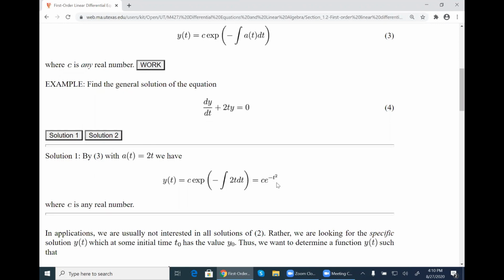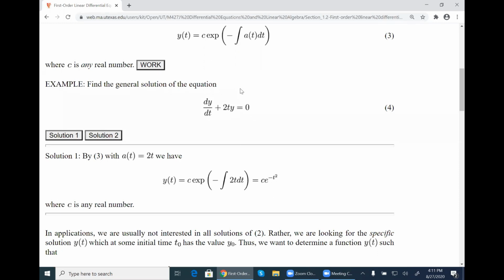Other questions? When you said it was the general solution, does that mean there are special exceptions? Once again, when we say the general solution, we mean the following. This formula gives us absolutely all possible solutions of this differential equation. You can plug in any number instead of c. For example, if c is equal to 0, y of t is equal to 0.